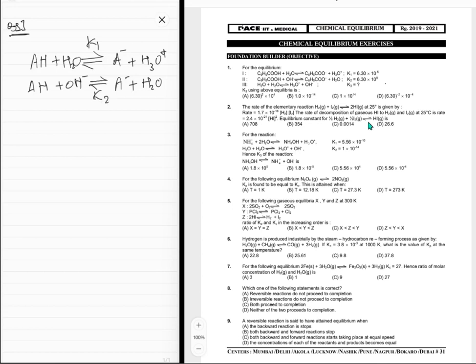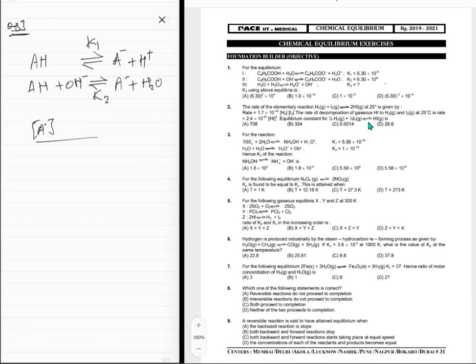So if I subtract these two reactions, let's just do the correct way. What that means is the concentration of A minus, concentration of H3O plus, or instead of writing H3O plus, we just write H plus.